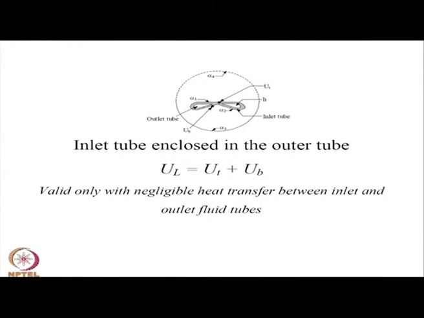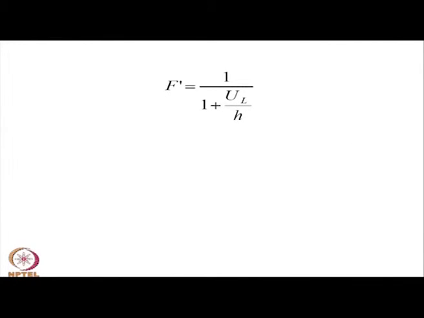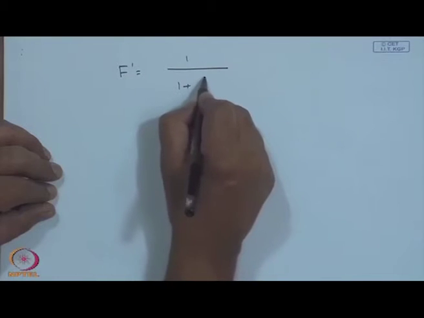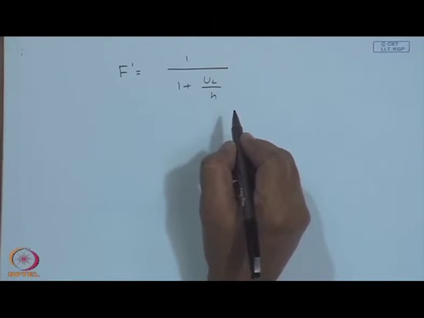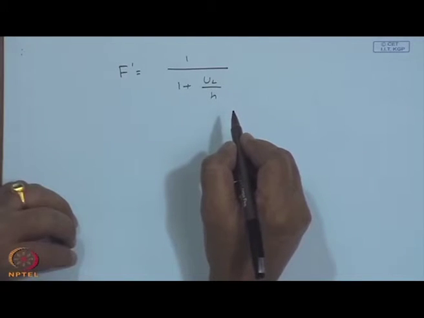Now, inlet tube enclosed in the outer tube, you can see from the diagram. So, valid only with negligible heat transfer between inlet and outlet fluid tubes, and again U L is U t plus U b, and the collector f dashed is 1 upon 1 plus U L by H. Let me show this picture for a while, so that you will see the particular slide.